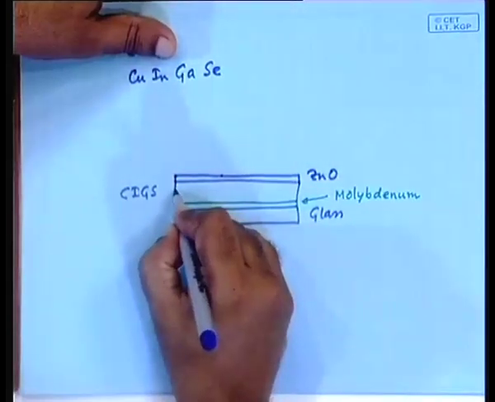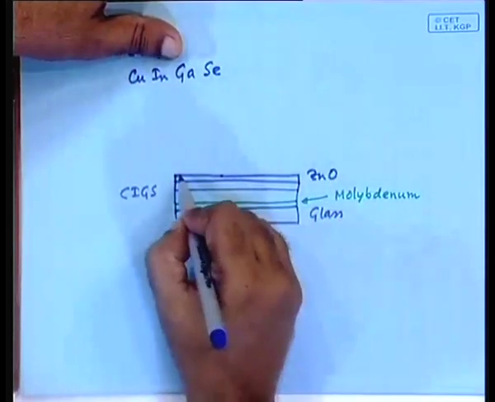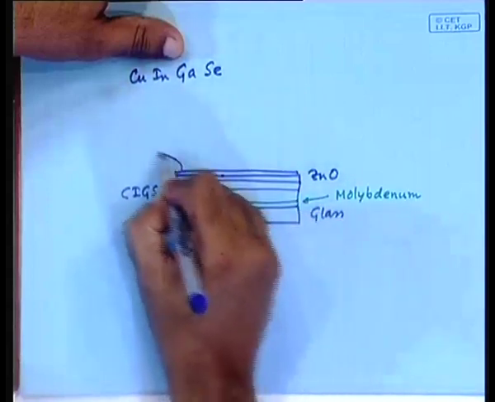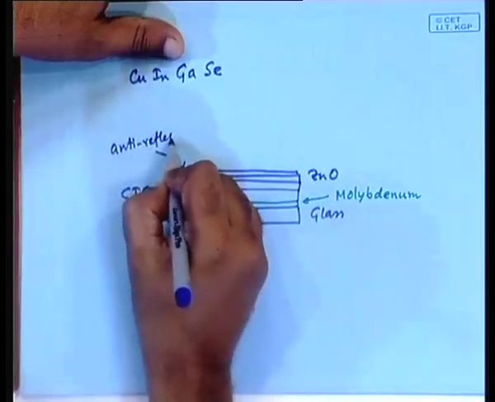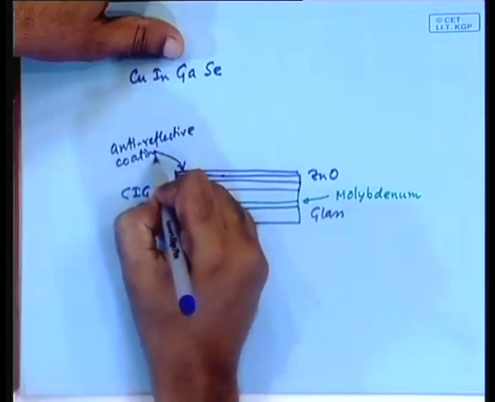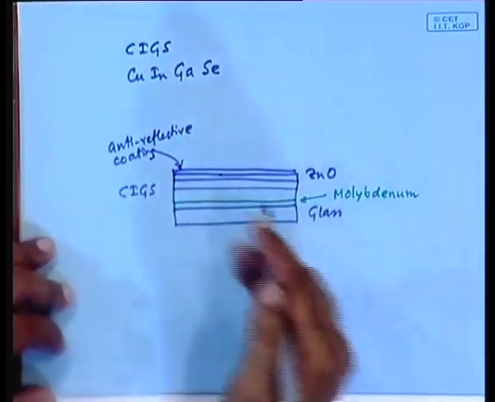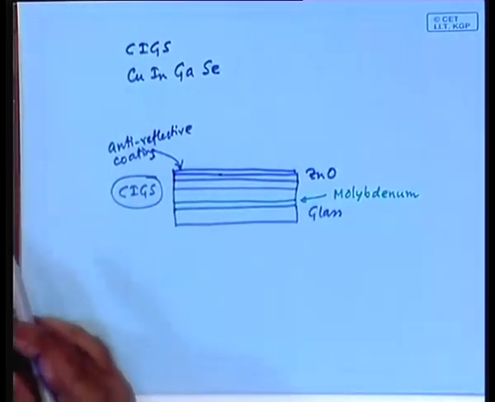The CIGS layer has the PN, it is a homojunction, and then on top of that you have got the anti-reflecting layer. So, that is the structure, but in this case the deposition process of the CIGS is rather complicated.